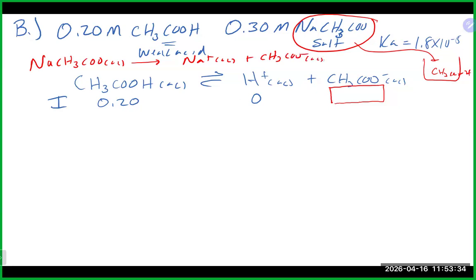The common ion here, as we talked about previously, is the acetate ion, and we need its concentration. If the salt is 0.3 molar, it is a 1-to-1 relationship, so the ion would also have a concentration of 0.3 molar. And that is where that initial 0.3 comes from. The salt breaks apart, supplying a certain amount of acetate in the solution. Question? Yeah.